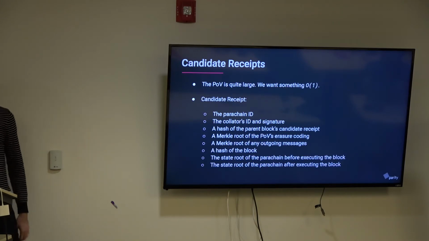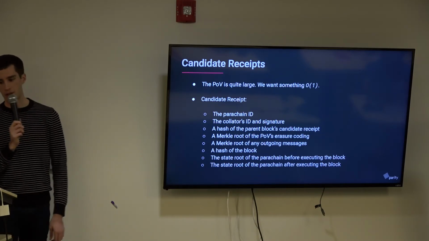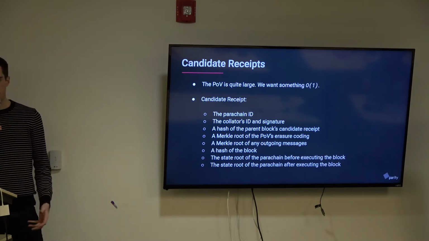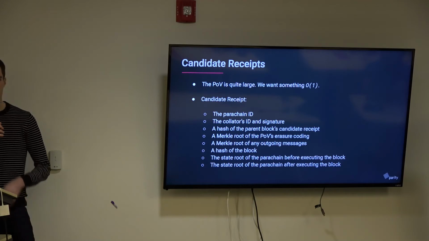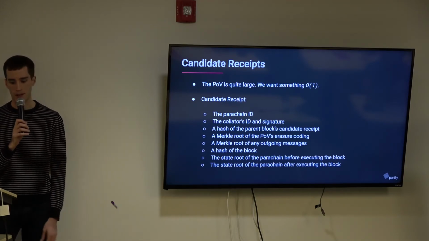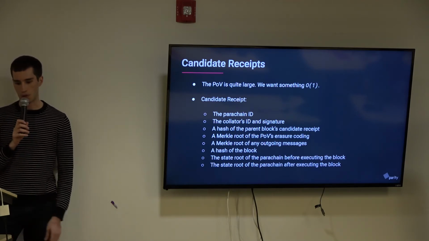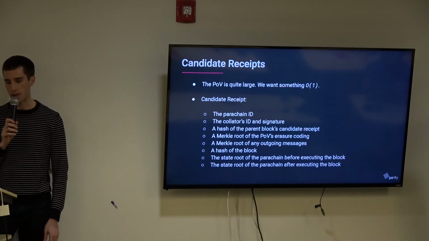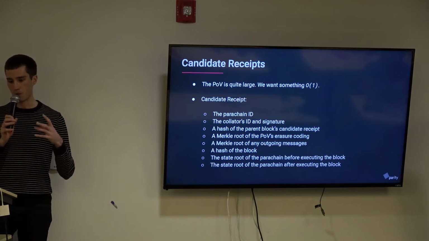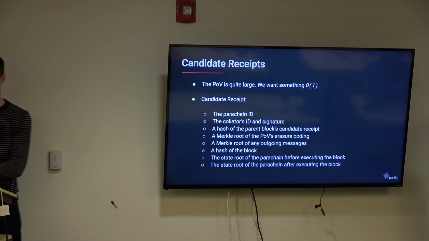So the POV is pretty big and we want something that's constant size. What I mean by that is, no matter how big that POV is, say a parachain did a runtime upgrade where it completely wiped out its runtime and uploaded a new one by calling the set code function, which could be well over a megabyte, or you could have a block that's just a few hundred kilobytes, we want whatever goes with the relay chain to be the same size, no matter how big the information is that happened on the parachain.